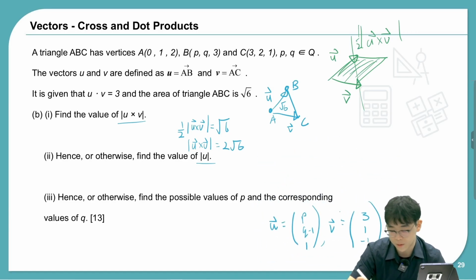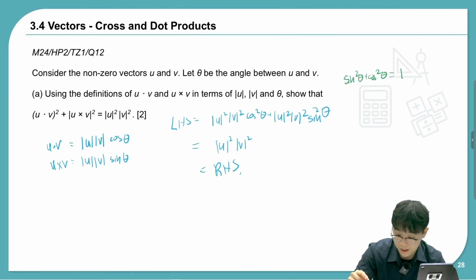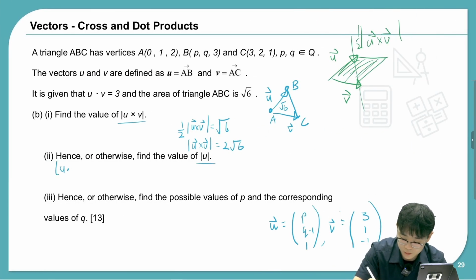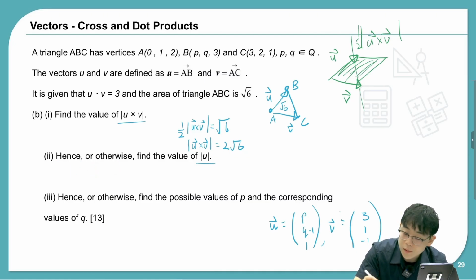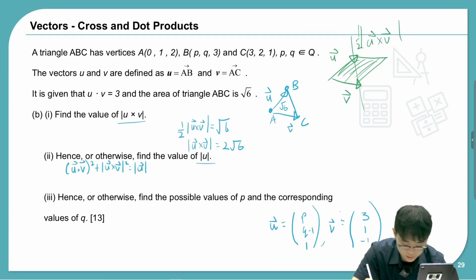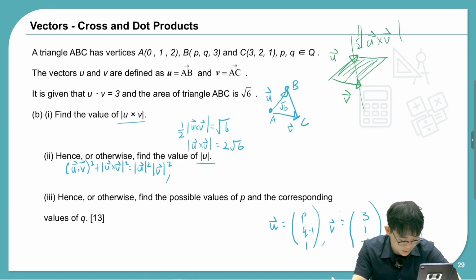So for part 2, recall from part A that u dot v squared plus u cross v squared is equal to u squared and v squared, right? So what happens here is u dot v is given as 3.